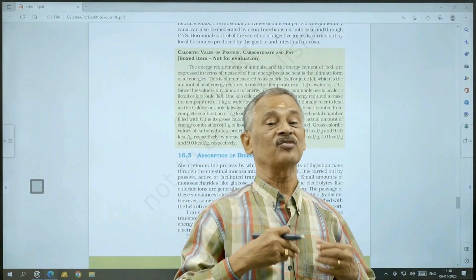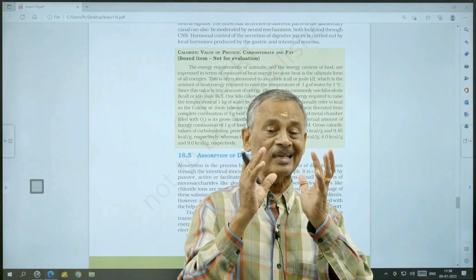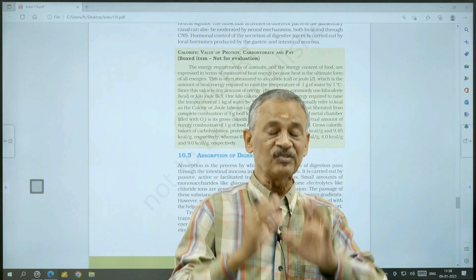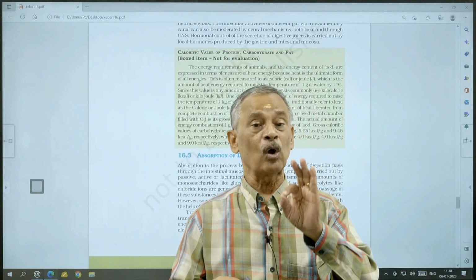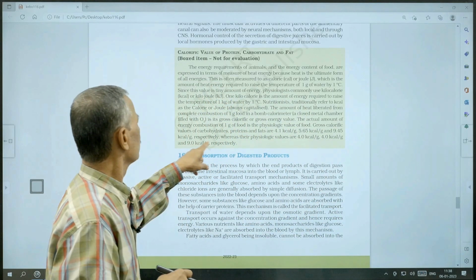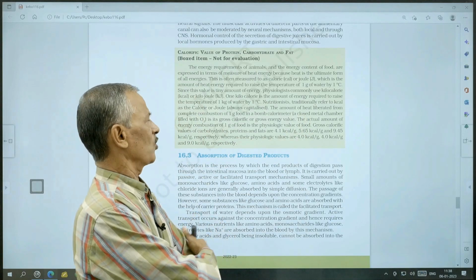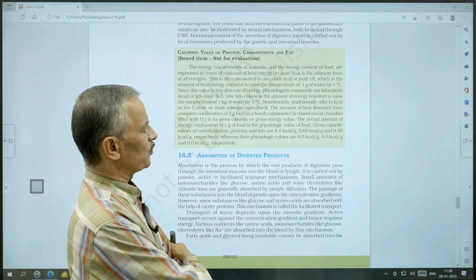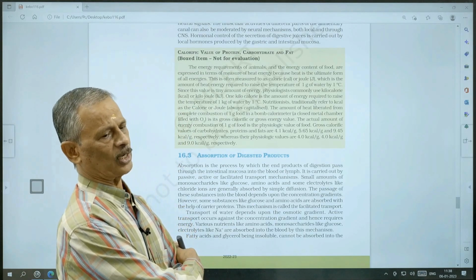Why? Because some energy is always lost as heat. So the amount of energy that is released by the oxidation of these ingredients in our body is called the physiological calorific value. These physiological calorific values are always less than the gross calorific value.